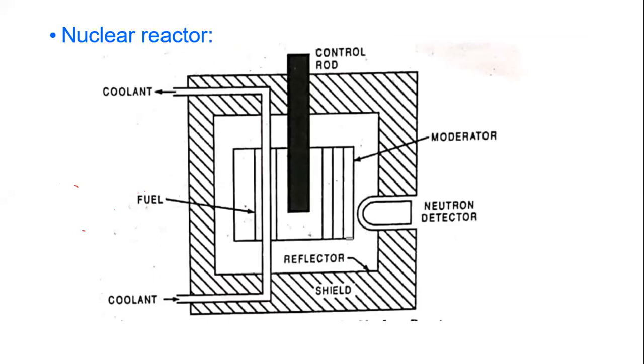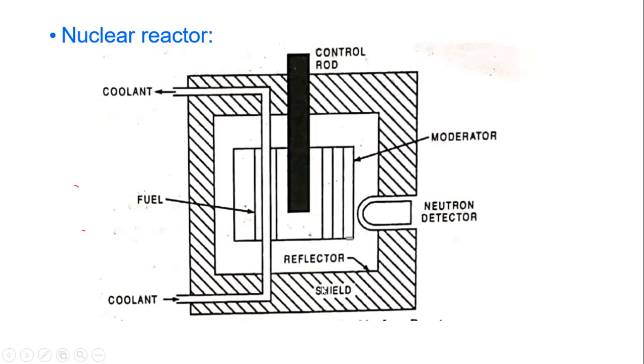The complete chain reaction is obtained in the nuclear reactor only. These are the various parts and equipment in the nuclear reactor: control rods, moderators, nuclear fuel, coolant, reflector, neutron detectors, and shieldings.